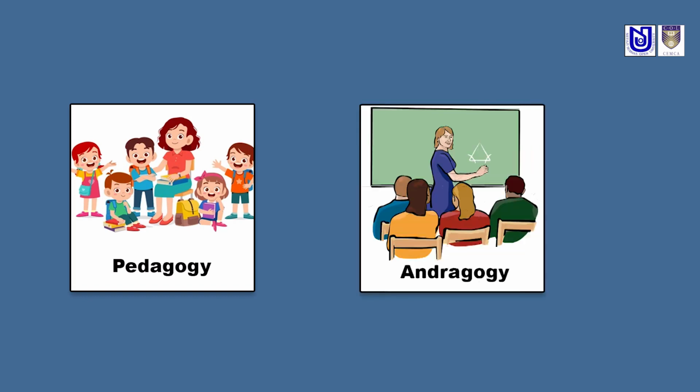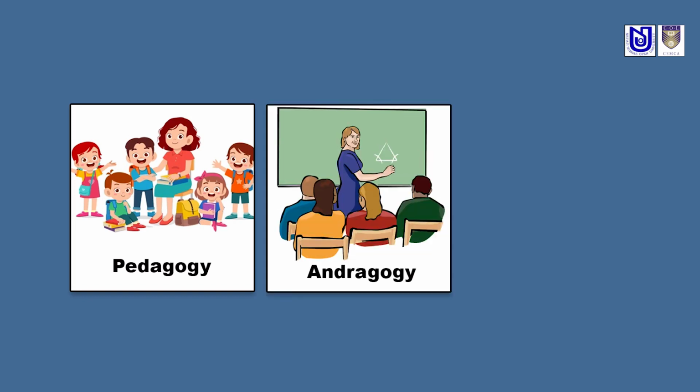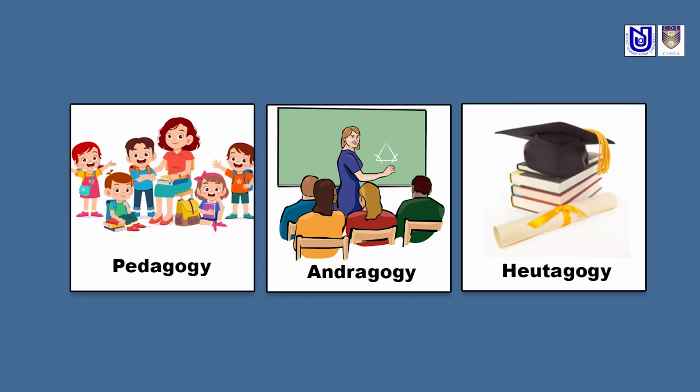Next comes andragogy. As I have just now said, andra means adult and gogy is the ways and methods, the methodology of teaching learning. So it is the teaching learning of adult learners. And lastly, Heutagogy.